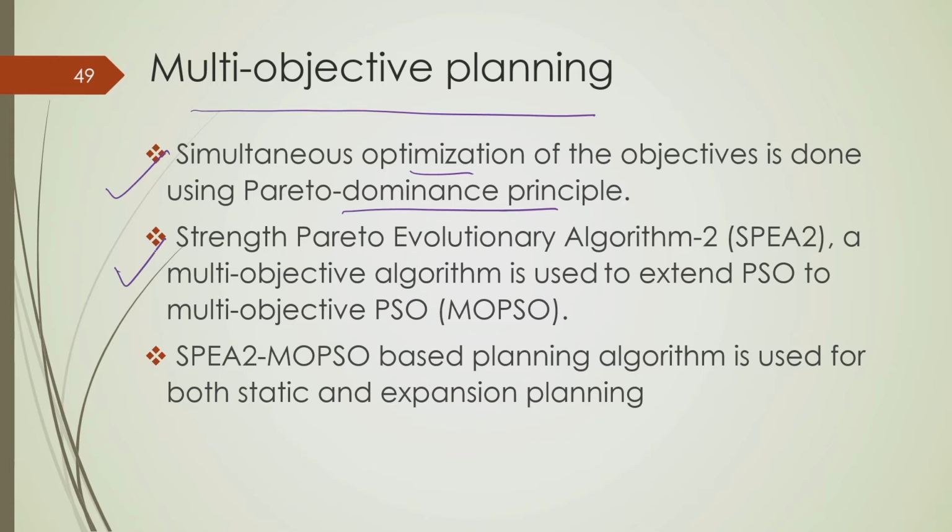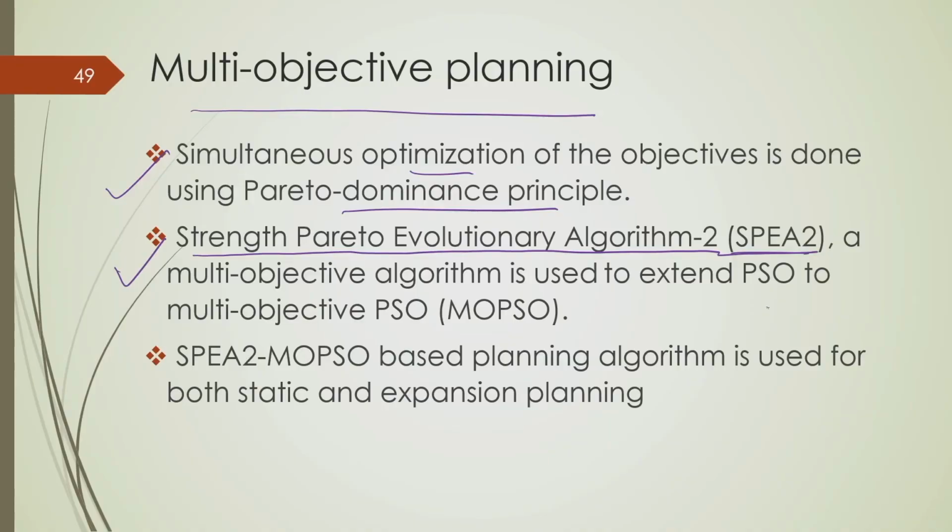Then we have solved this by using a multi-objective optimization approach called the strength Pareto evolutionary algorithm 2, SPEA2, to solve this multi-objective optimization problem for distribution system planning. SPEA2 was initially proposed for genetic algorithms, and we have extended it to the particle swarm optimization approach.